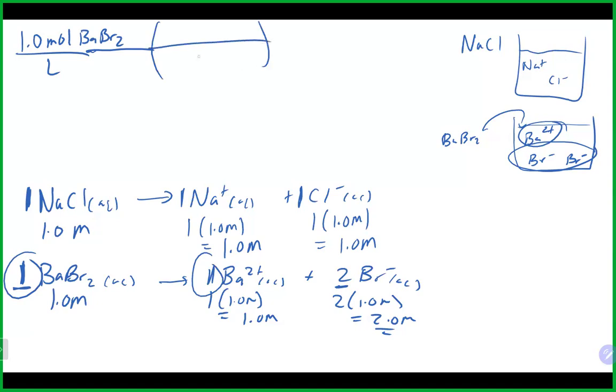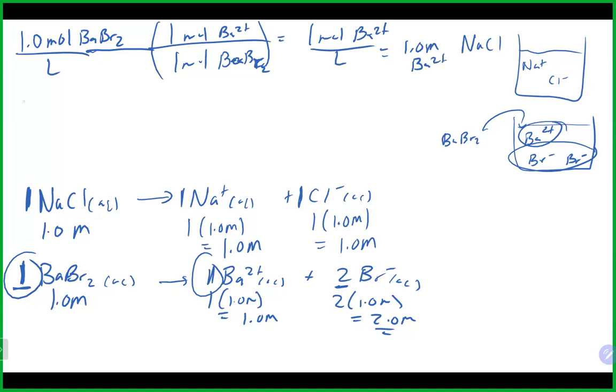So for every 1 mole of the whole thing, we get 1 mole of barium ions, which gives us 1 mole of barium ions per liter of solution, which is basically our 1 molar barium.